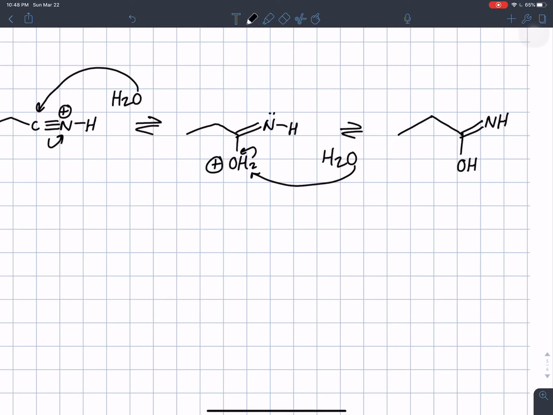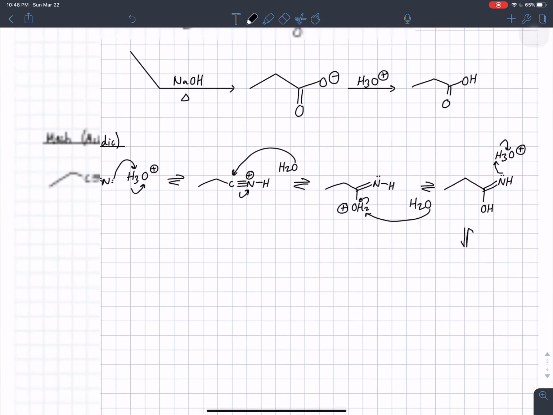There you go. Okay, so you deprotonate it if you don't want it to leave. And we also made acid again. So H3O plus. So we're going to use that to protonate the nitrogen again.